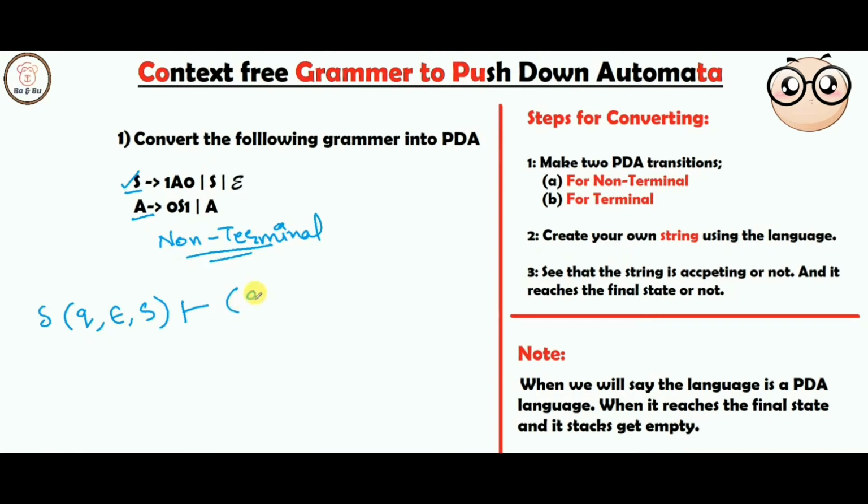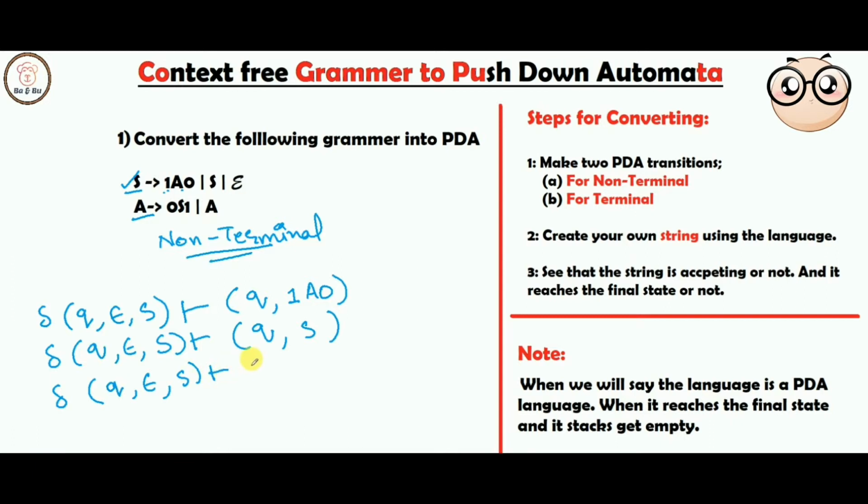It will give you q comma the first production in this grammar, which is 1 0 A. And for S it is the same, we have to make q comma S. Now for epsilon, S gives you q, epsilon, S gives you epsilon, q comma epsilon.